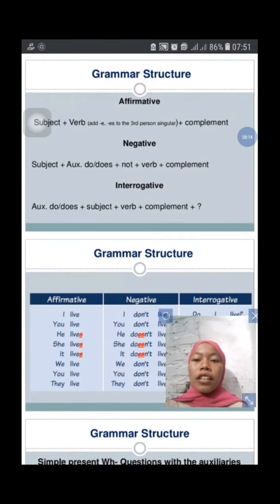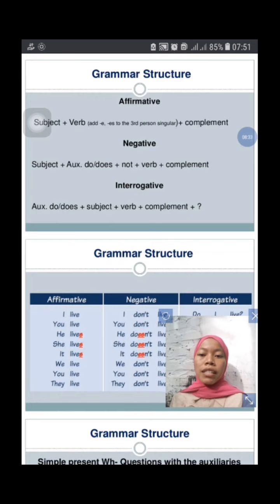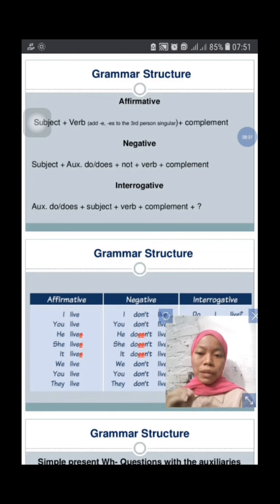And the form of simple present tense. If affirmative, the form is subject plus verb, adding s for the third person singular, plus complement. If negative, subject plus auxiliary do or does plus not plus verb plus complement. And interrogative is auxiliary do or does plus subject plus verb plus complement plus question mark.